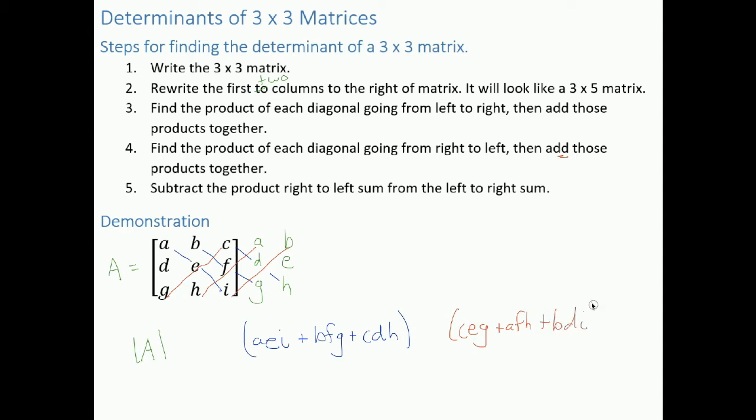So we just do a bunch of multiplying and adding, and it says to subtract the right to left sum from the left to right sum. Sorry, I did that wrong.